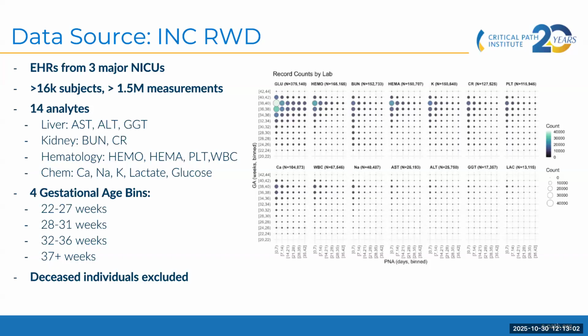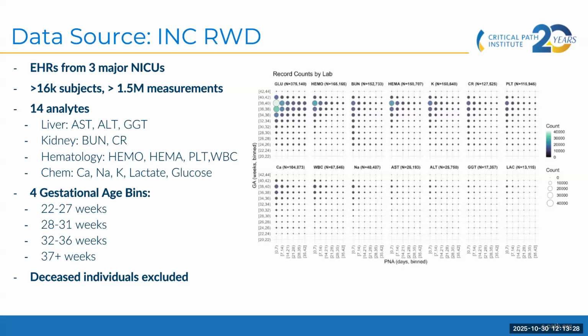The other thing to point out on this slide before we move on is that we did decide to bin across gestational age. This was mostly due to data counts and the model that we decided to pick. It was easier to pool the data across gestational age bins in order to reach the data counts that we needed to run the model.